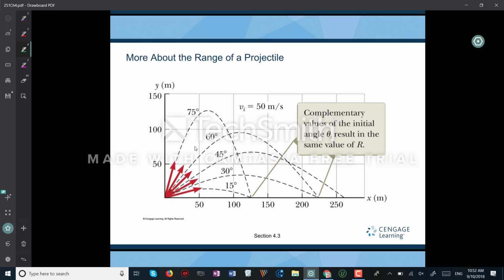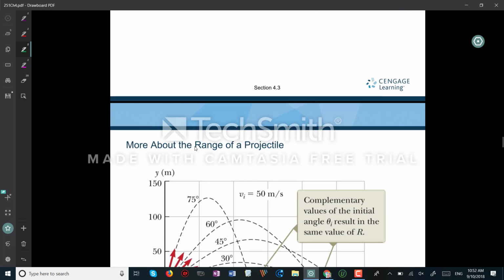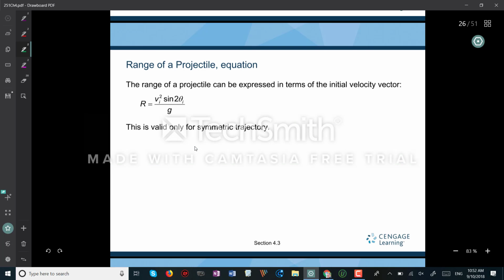There is kind of a neat thing, which is called the range of the projectile in terms of the angle. Since the range goes as sine of 2 theta, then theta is going to be 45 degrees for maximum range.